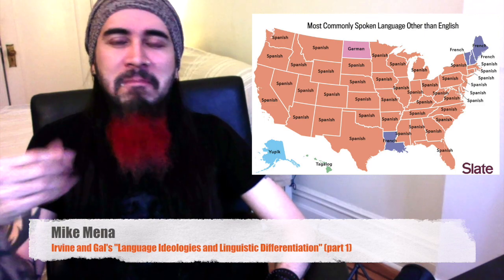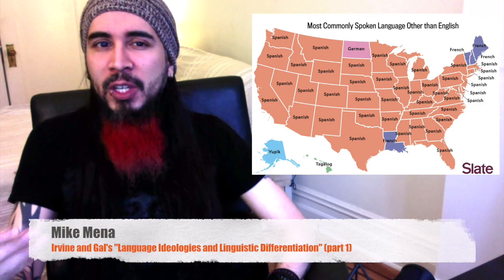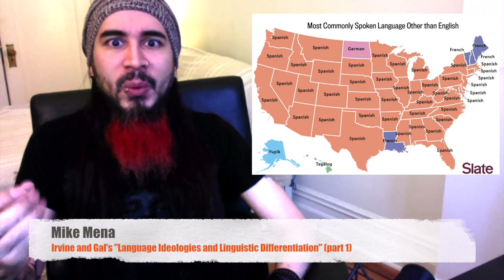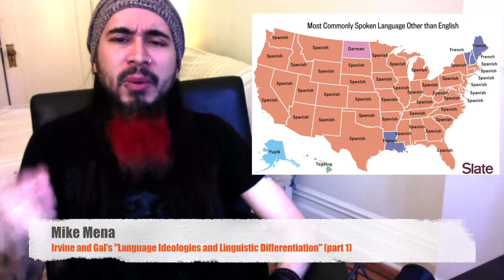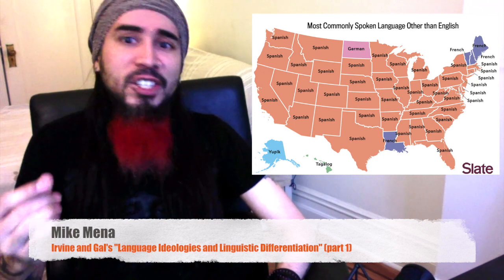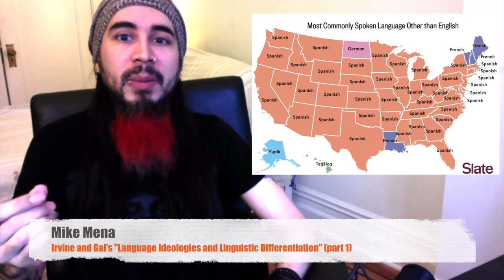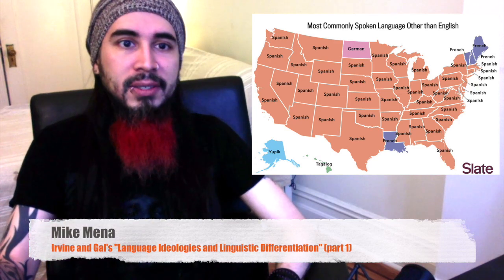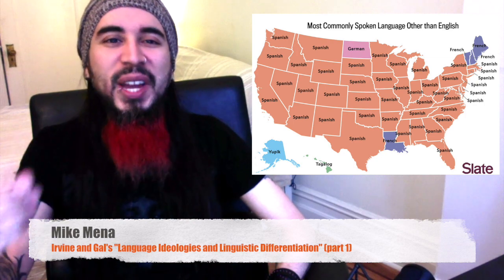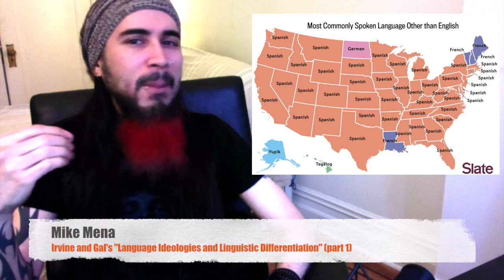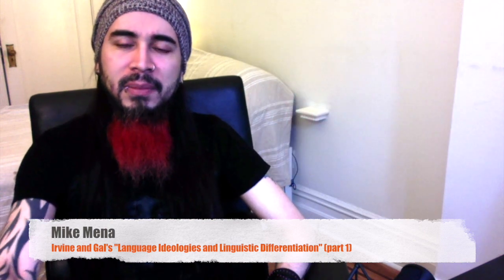Now, can you imagine this map used by Fox News again to prove that we need to take our country back and we need to make America great again and we need to enforce English language only policies all over the place, because look at how Spanish is just taking over the United States. So this erases the total and complete dominance of English in the United States.